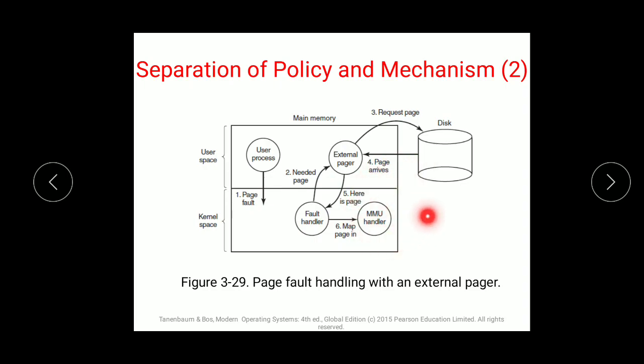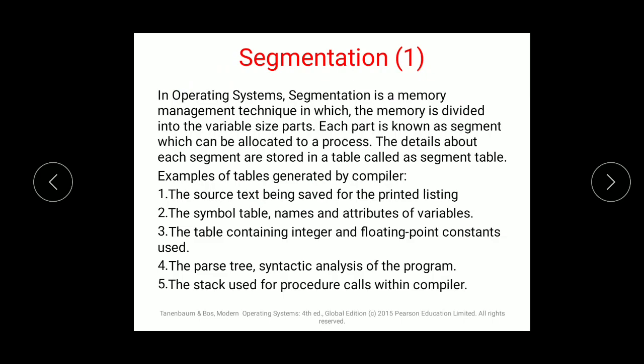So the main one working at the end is the main memory unit handler, which is going to work on this whole process, and the external handling will be done in the user space, whereas the external pager will only be given to and fro. You can see this arrow as well as this arrow working together so that the page fault can be handled for interruption.